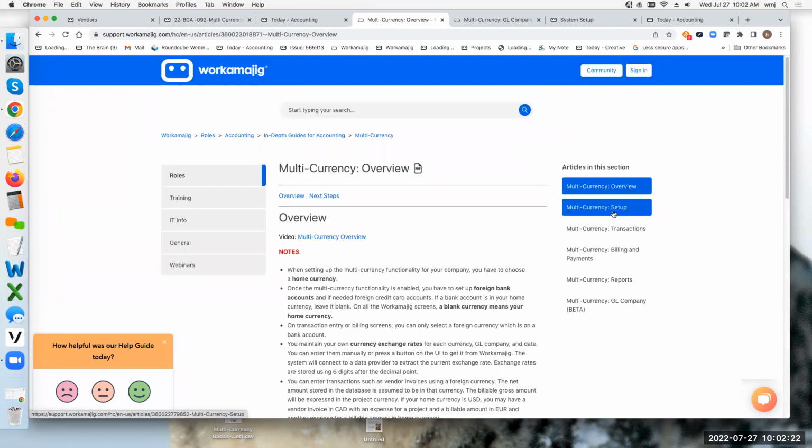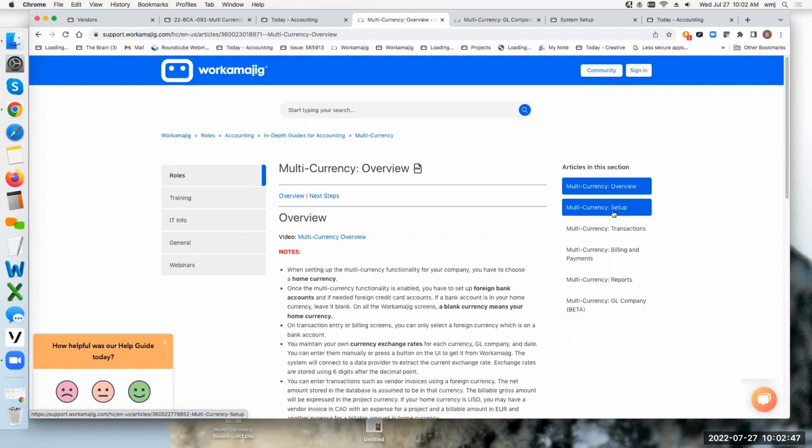We do have detailed instructions about how to set this up. Now, lots of times when I do a call with a client, there are always nuances. Maybe I'm only billing my client in a different currency, which we would call a foreign currency. Your own currency that you normally work in is what's considered your home currency.